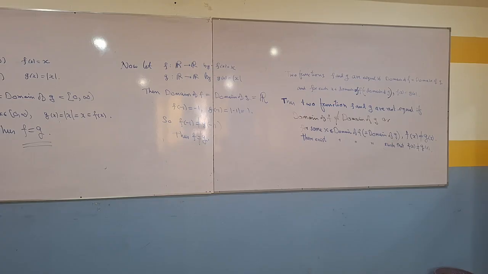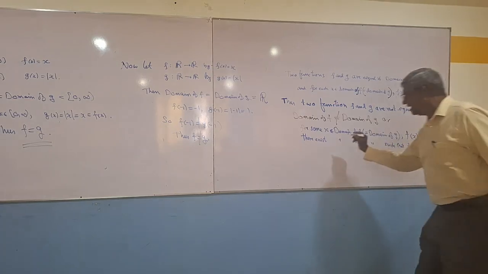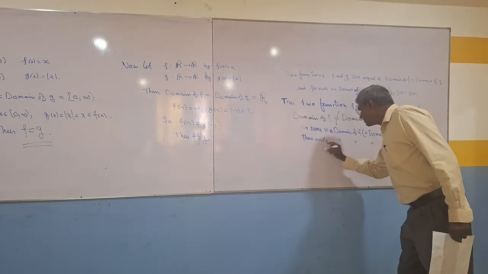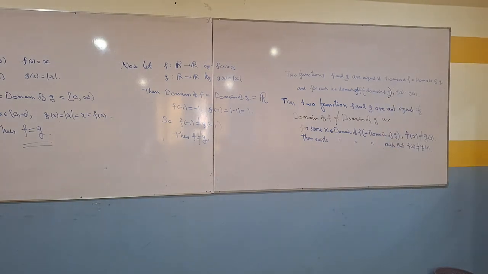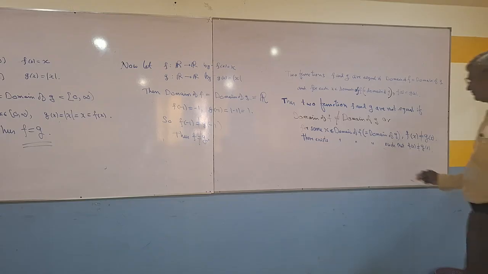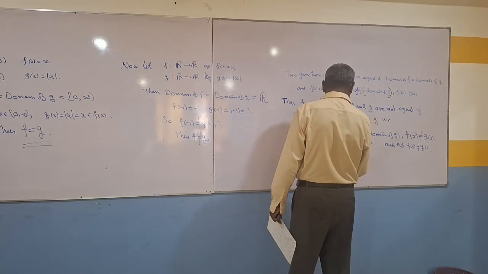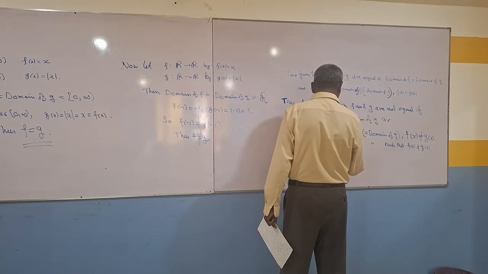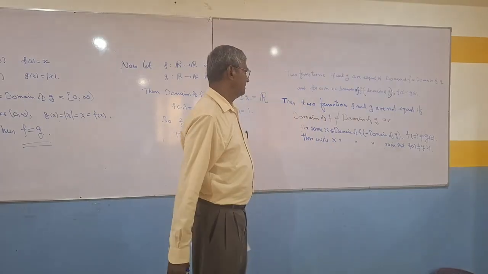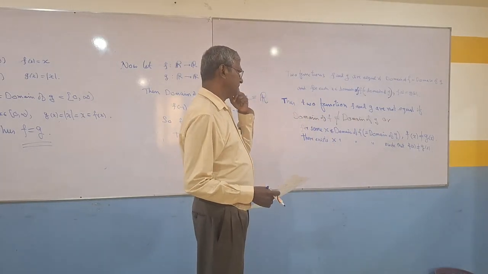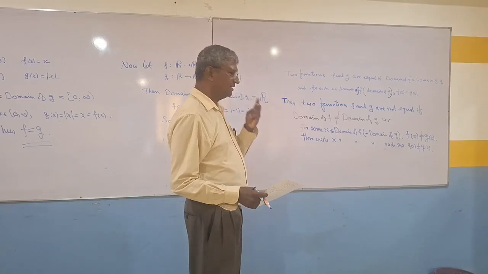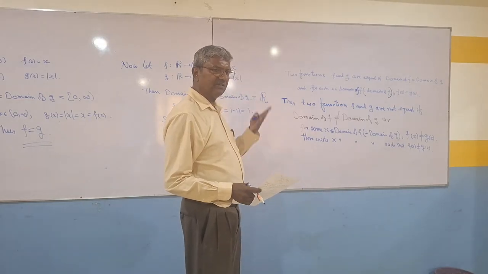You can say it another way: there exists x belongs to domain of f, or whatever domain of g, such that f(x) not equal to g(x). You have to see that logicalness.